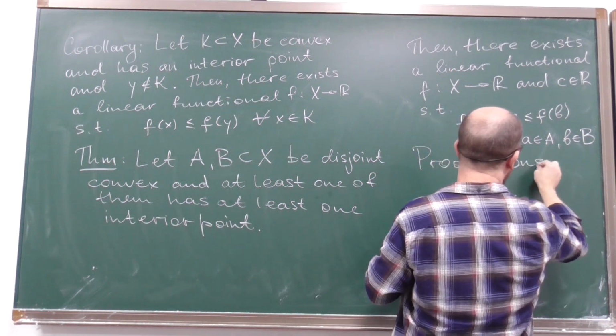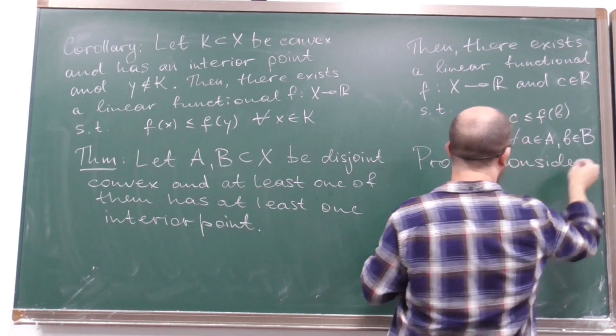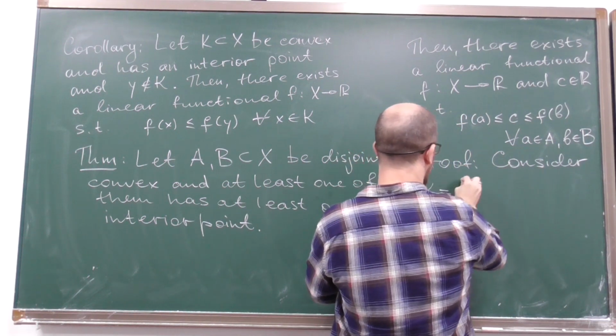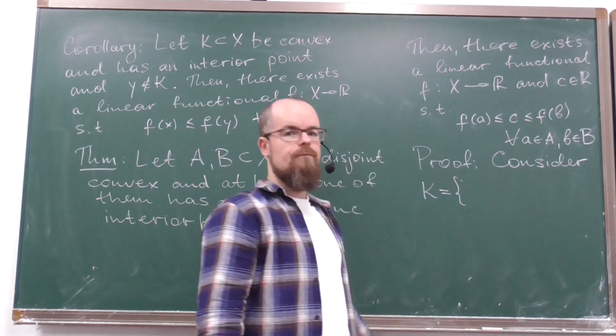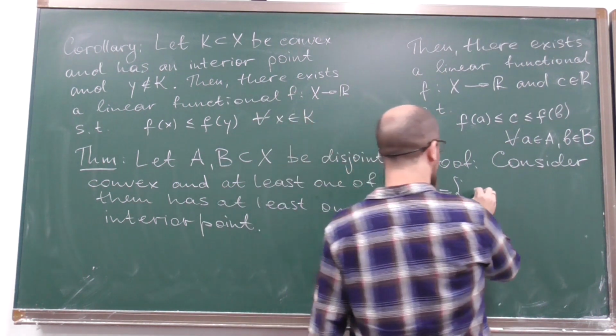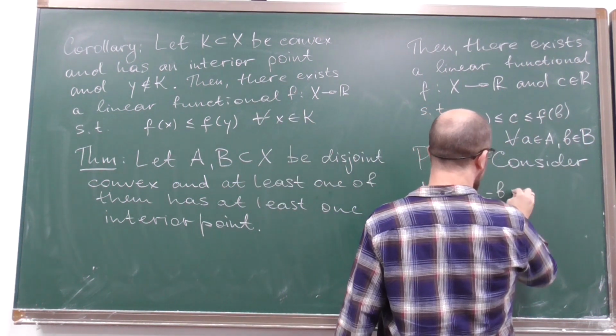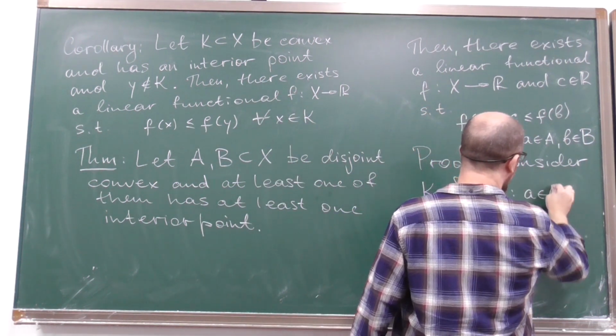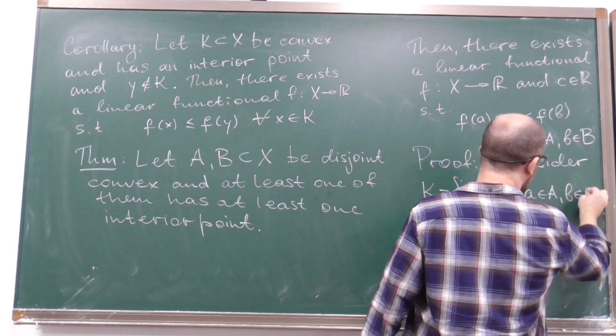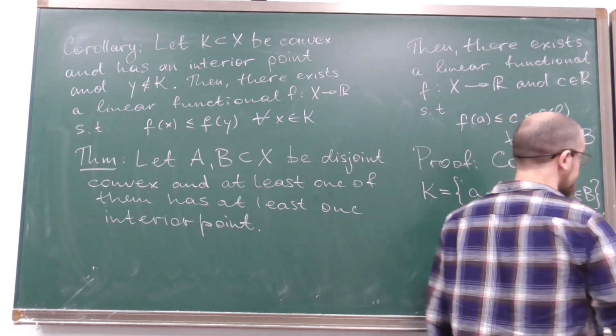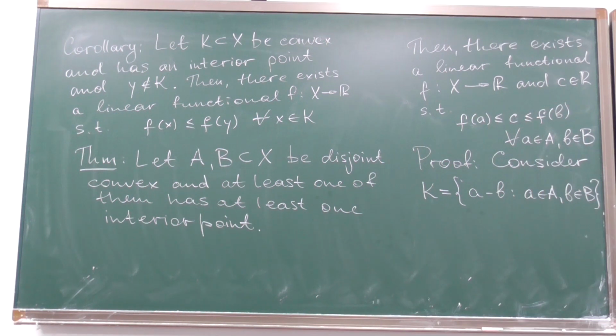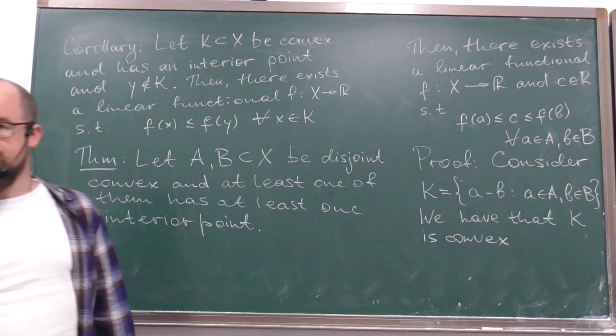Let us consider the set K. Every element of the set K is of the form a minus b for some a from A and some b from B. It's not difficult to see, and this is an exercise for you, that K is convex. K is convex.